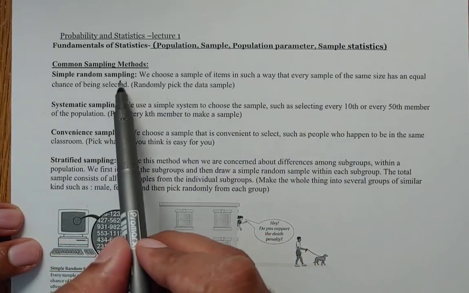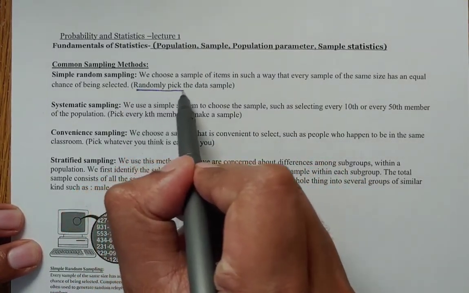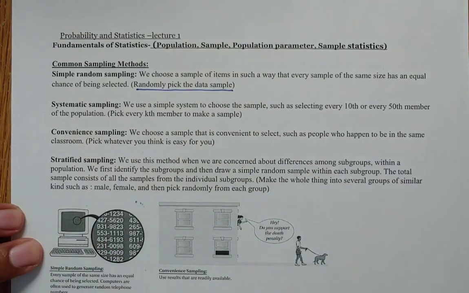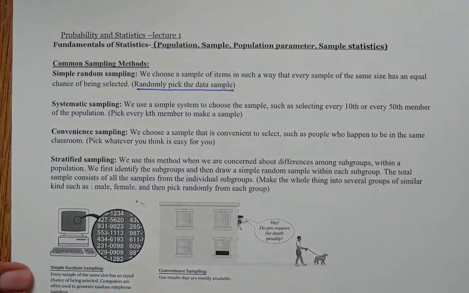Simple random sampling is where we randomly choose the data. From the data, we randomly choose the numbers. Here you see the computer randomly selects the numbers. That is a simple random sample.